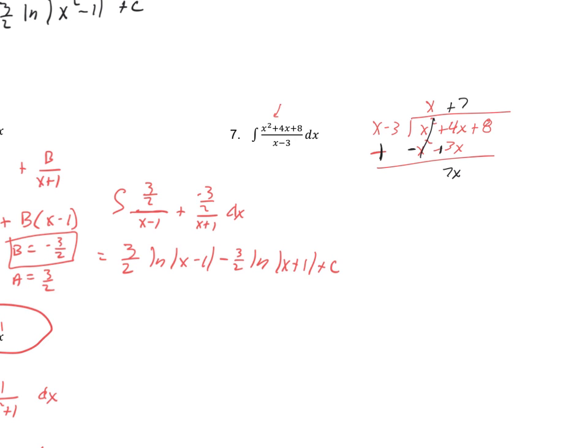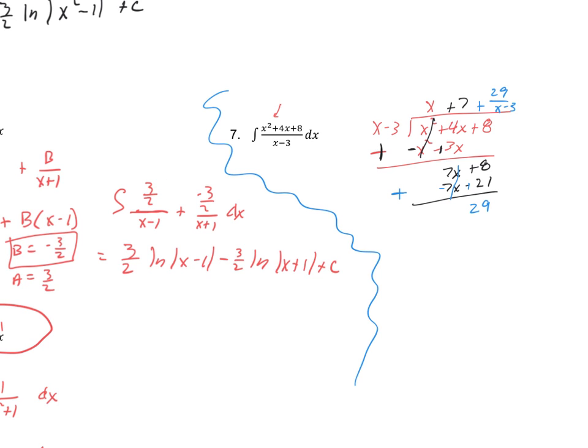Now I need a 7 here, so I have my 7x minus 21. All right, I got to bring down my 8. And again, we're going to subtract. So if I subtract, it's really adding the opposite. So now I have a 29. It's a positive 29. All right, so there we go.